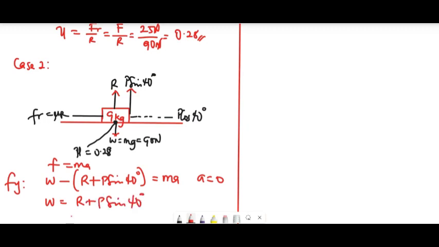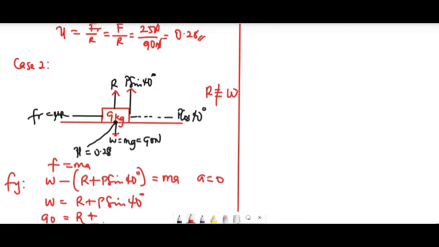So I know that W is equal to 90, so R is not equal to 90. Note that R is not equivalent to W. So we have 90 equals R plus P sine 40.